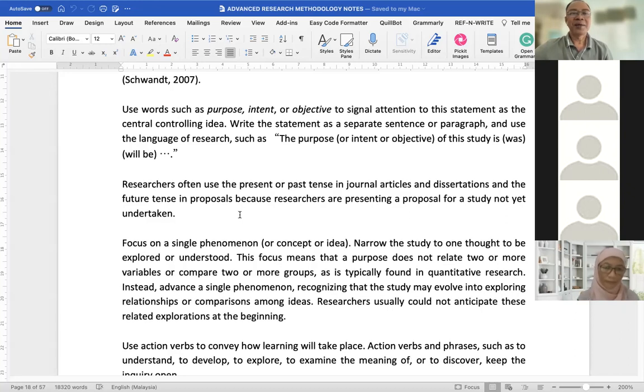But my suggestion is, when we are students, the problem statement that we write must be supported by previous studies.